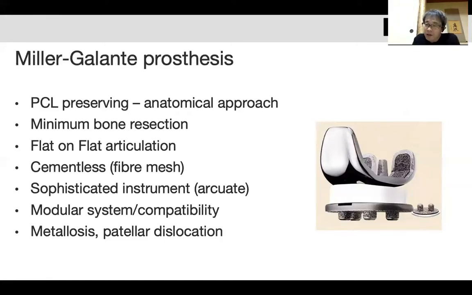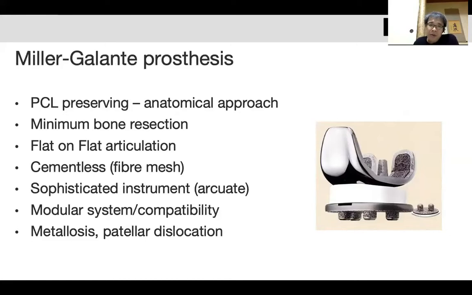It is a metal box, and the polyethylene was very thin. So sometimes after wear of the polyethylene in the patella prosthesis, severe metallosis can occur. Several times I saw severe metallosis along with loosening of the prosthesis, which needed revision.